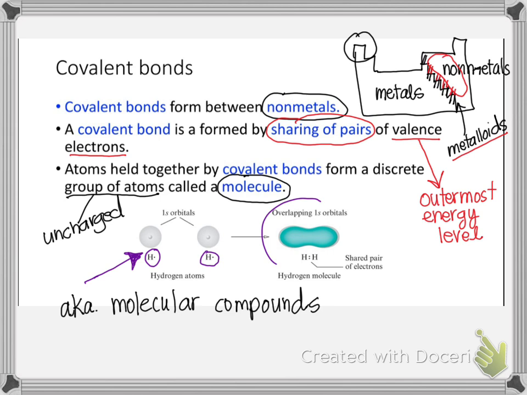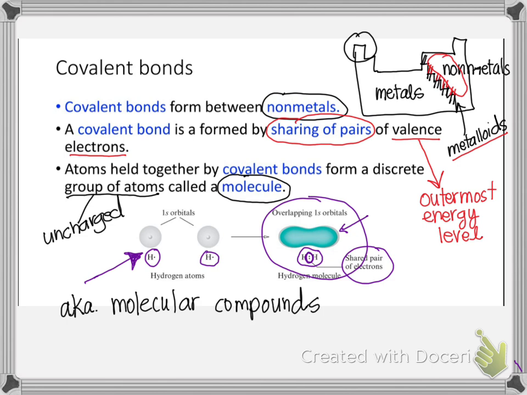But if they were to share their pair, notice in the illustration here, now the clouds where the electrons would be are overlapping and mixing with each other. And when they draw the Lewis structures, they now have two dots in between. That's what we talk about when we say a shared electron pair.